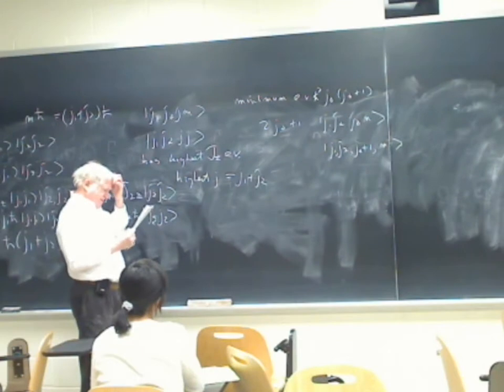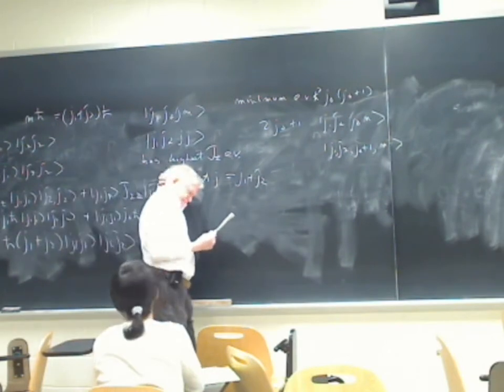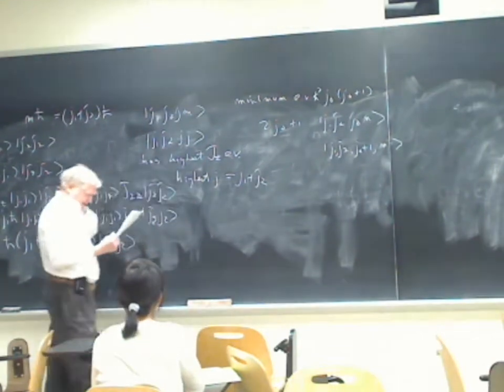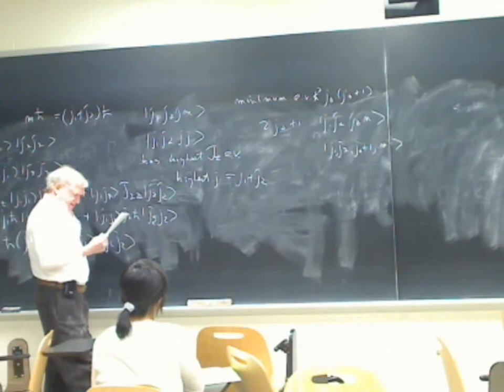Let's see, I slipped in here something that I guess I haven't explained. It didn't occur to me when I wrote the notes. The explanation may be a bit deep here.